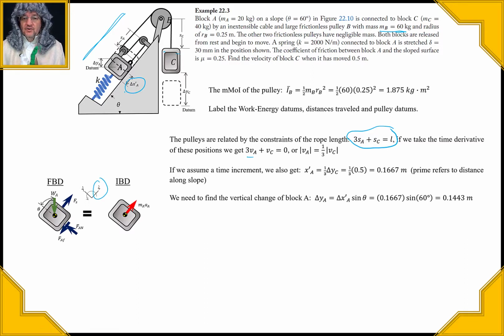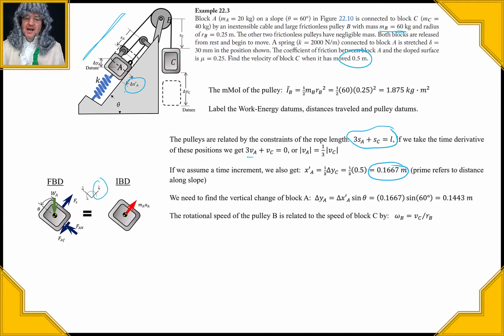We want to find the vertical change of the block after it's moved 0.5 meters, right? So we know it went down 0.5 meters. So we found what the distance that it moved along the slope was, 0.1667, and now we're able to find the amount of vertical change of block A is 0.1443.